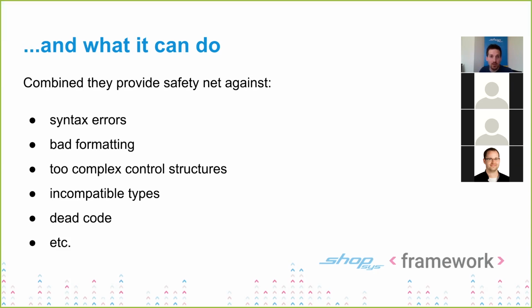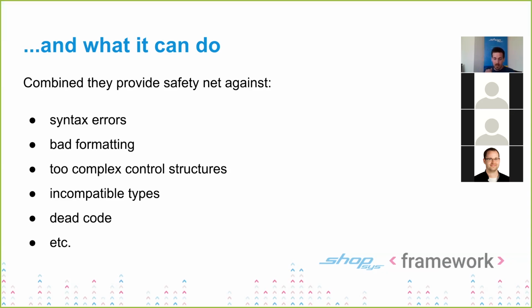So let's talk about what the tools for coding standards can do for you. It can check the syntax errors, the formatting errors, like when you misplace braces or something like this. It also can detect too complex control structures, as I already said, when a method is too long, or when there are too many nested conditions, too many ifs, and something like this.